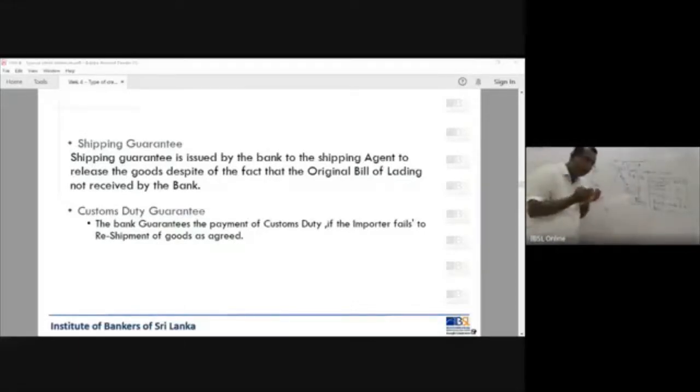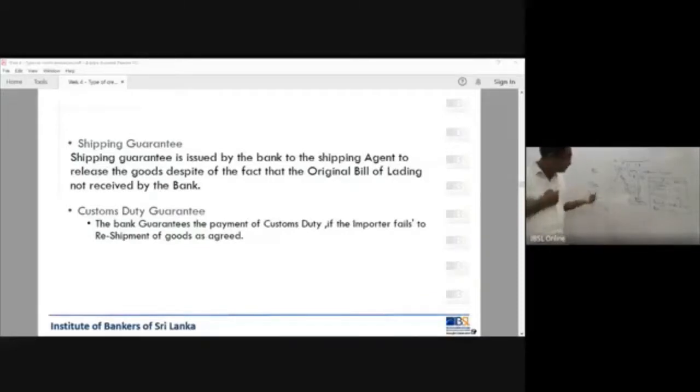There's some sort of a confidence for the exporter that my money will come. Right? Now, Saravanamuthu gives a credit period to Mr. Pereira.